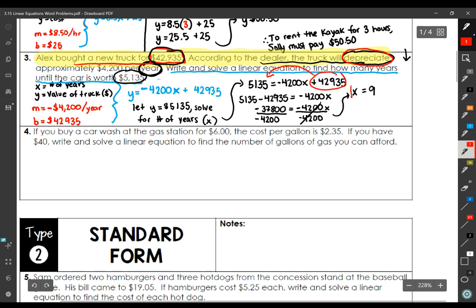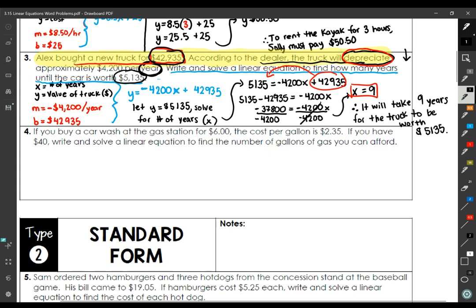That's nice. So my concluding statement: therefore, it will take 9 years for the truck to be worth $5,135.